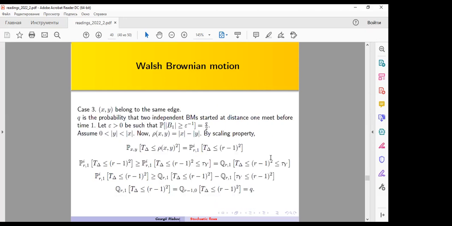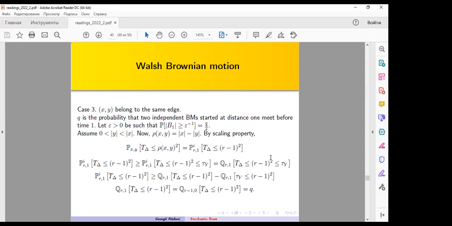And when two processes start from the same edge, it's a bit more complicated. Let us first denote by Q the probability that independent Brownian motions started at distance 1 meet before time 1.